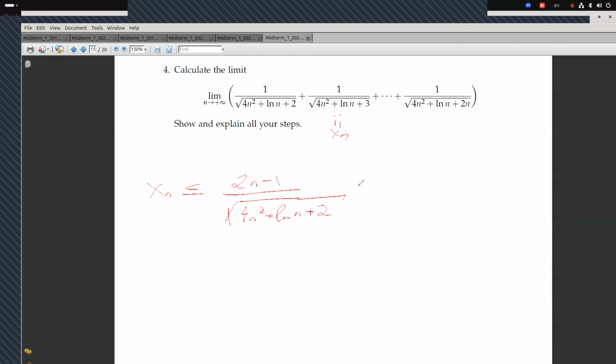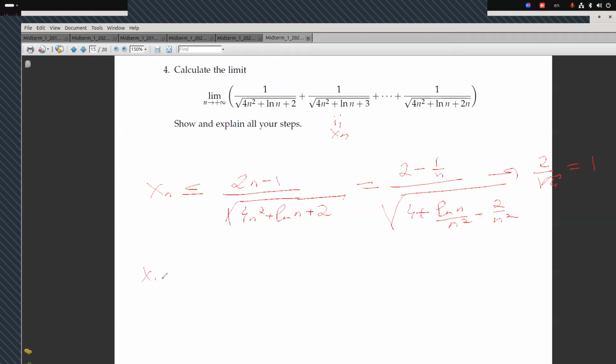Divide by n: 2 minus 1 over n, divided by the expression under the root. We can divide by n squared, right? It's the same. We'll get log n over n squared plus 2 over n squared. And it's straightforward that the limit here is what? 1/2? Okay, 1. Just 1.